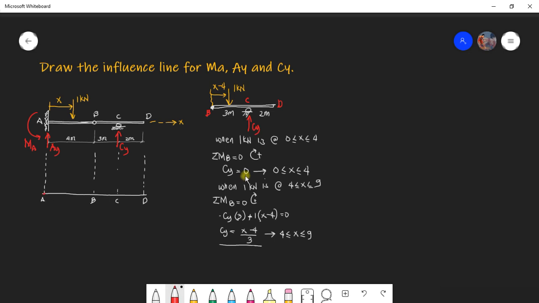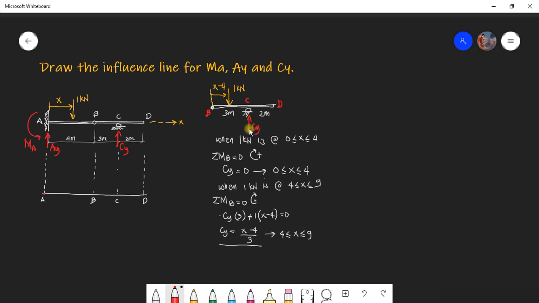Next, when the unit load is at B, the value of CY will still be 0, because if you take moment at B, 1 times 0 is still 0.